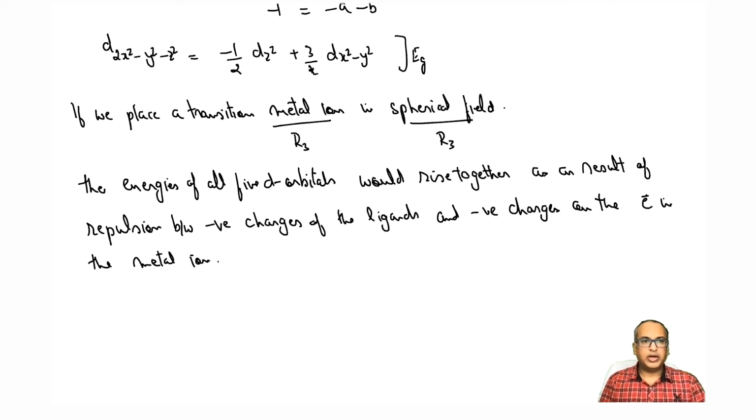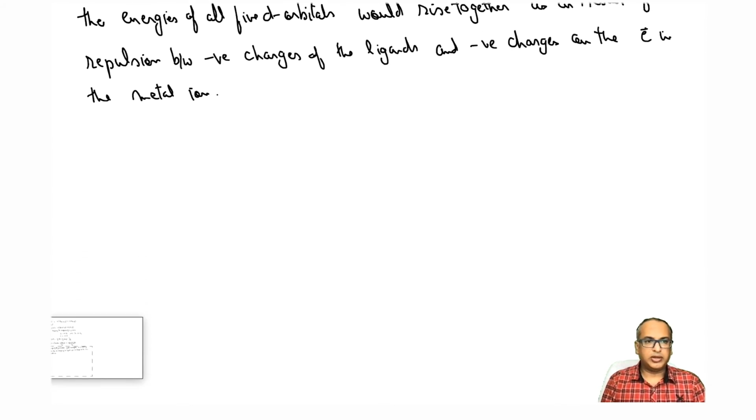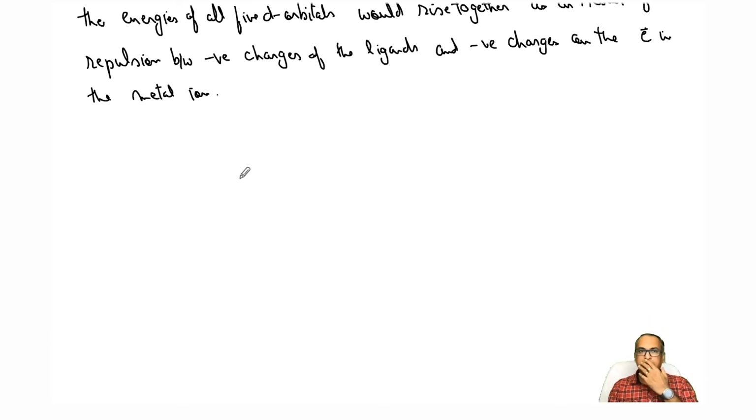Okay, so now imagine that instead of a spherical field, we have an octahedral field. So how do we get an octahedral field?